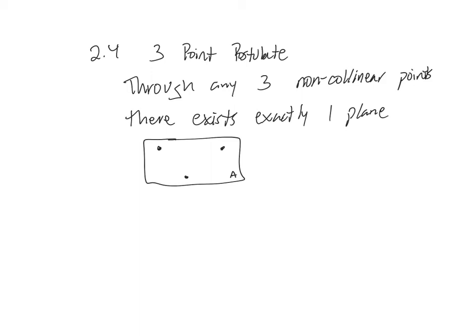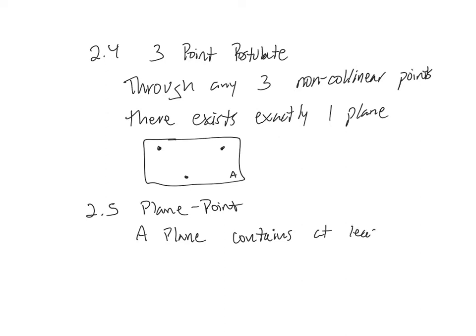And so then 2.5 is kind of like the opposite. Plane point. So a plane contains at least 3 non-collinear points.